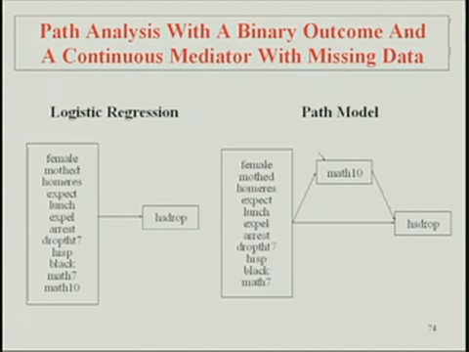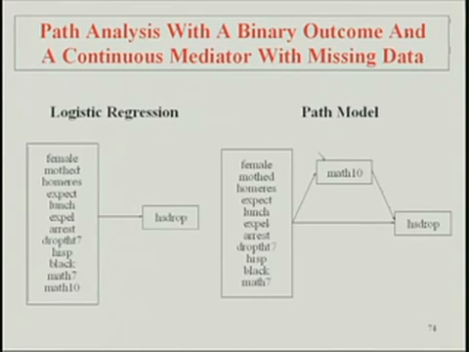I think it's almost 600 observations that would be lost if we treated it as a covariate. So there are two reasons for considering a path model in this situation instead of a simple univariate logistic or probit regression. One is missing data on Math 10, and the other is that it takes into account the temporal order: Math 7 occurs before Math 10, and high school dropout is measured after that.